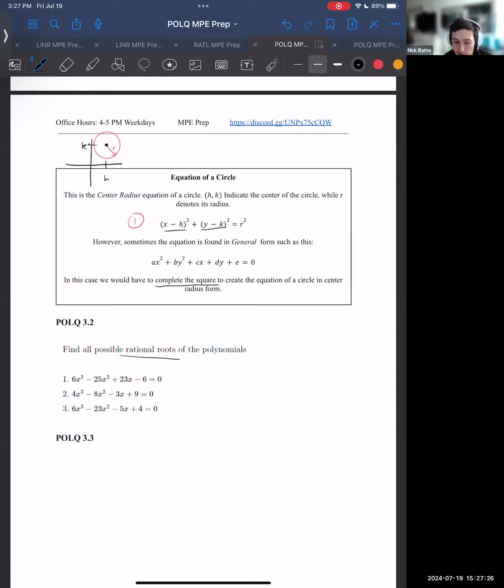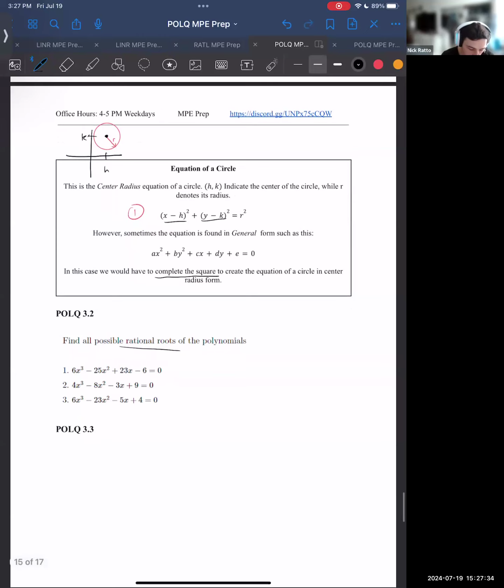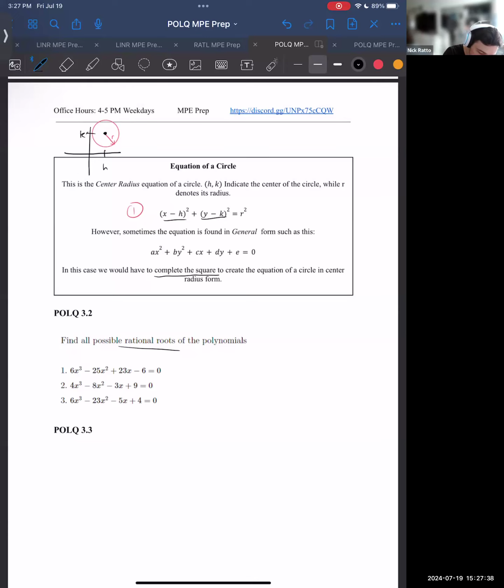I'm going to do two of these examples and probably leave the third one up to you guys if you want to try it. But yeah, let's see what we got. So I'll do this first one here.